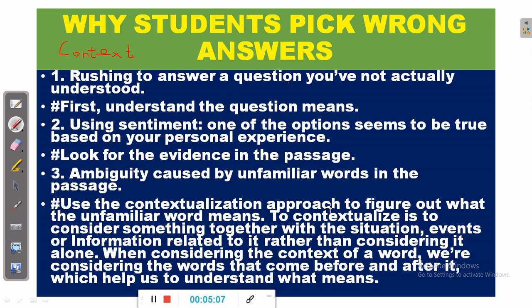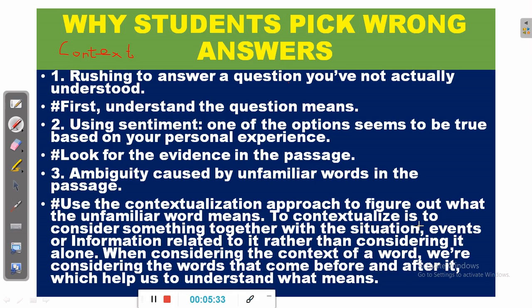All right, so to contextualize in the wide general meaning of the word is to consider something together with the situation, the events or information related to it, rather than considering it alone. You know, the context can be just the situation within which something happened.